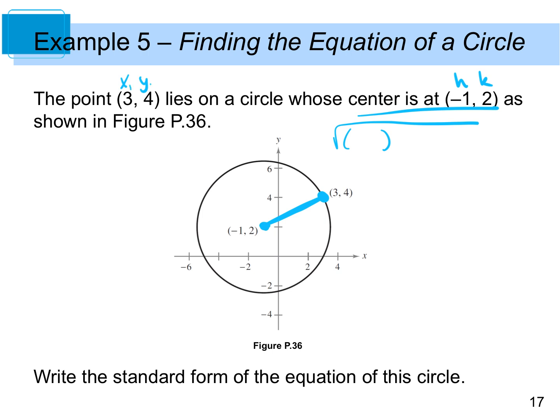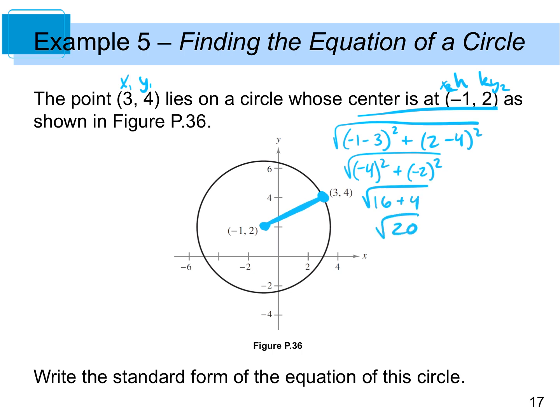I'll label this as x1, y1, x2, and y2. So negative 1 minus 3 squared plus y2 minus y1, which would be 2 minus 4 squared. So negative 4 squared plus negative 2 squared would be 16 plus 4, so we have the square root of 20.